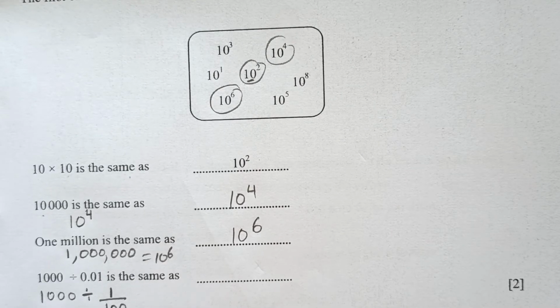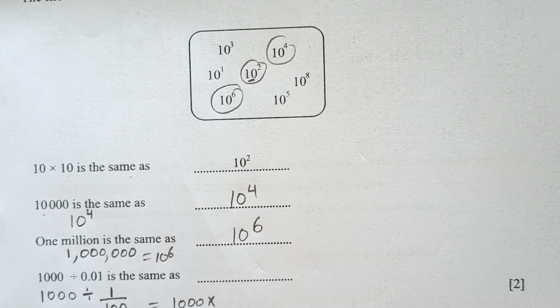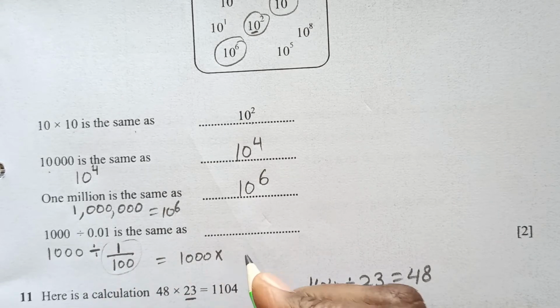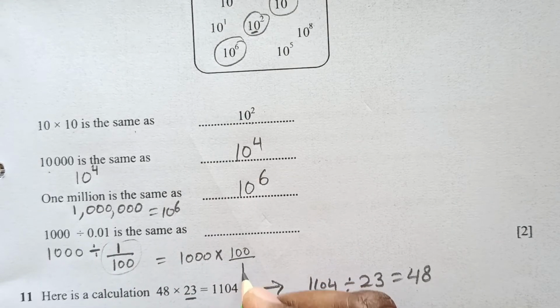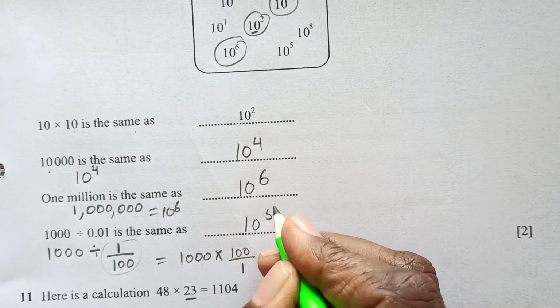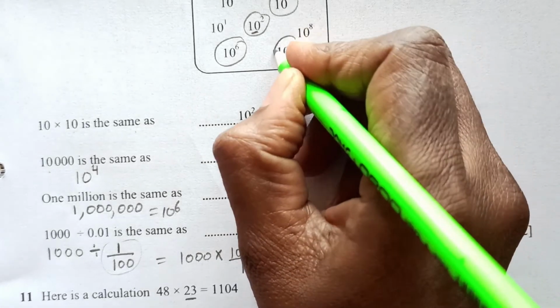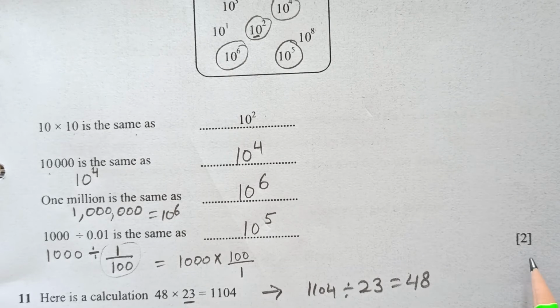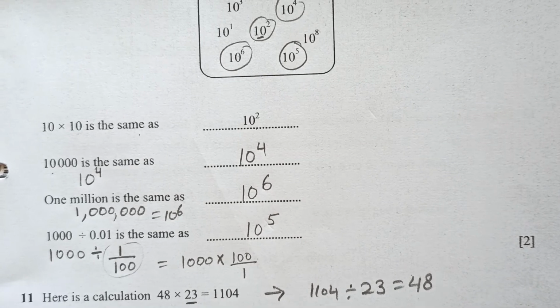Now the next step, we change this division to multiplication, so this will become 100 over 1, which is 1, 2, 3, 4 and 5 zeros. So it will become 10 power 5. Do we have it here? Yeah, we have this one here. So that's it. This is a 2 marks question.